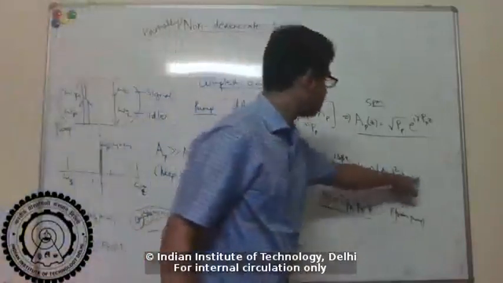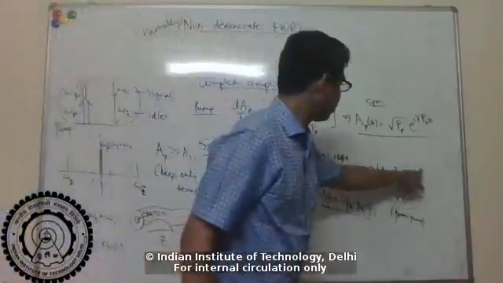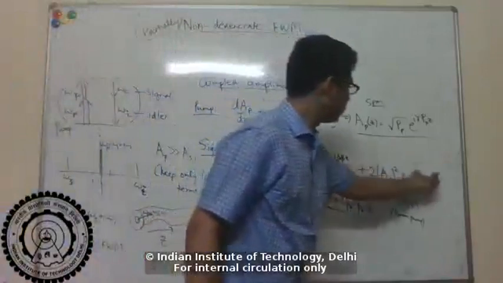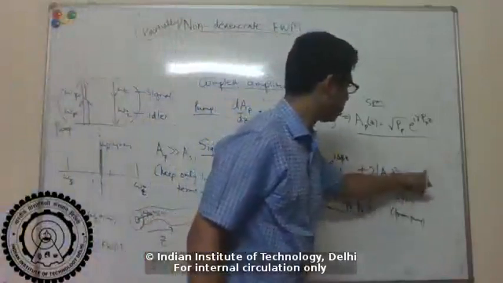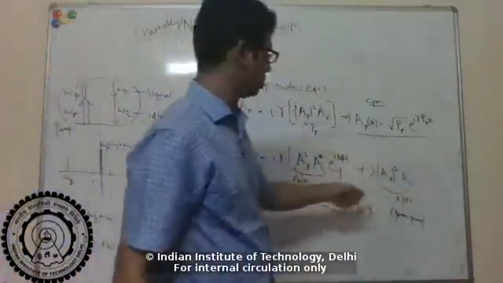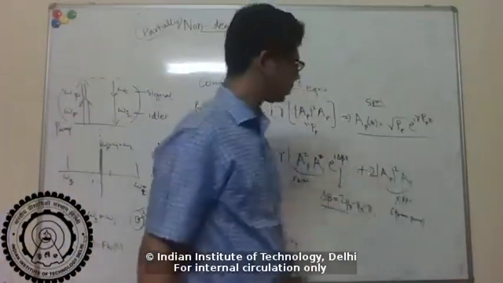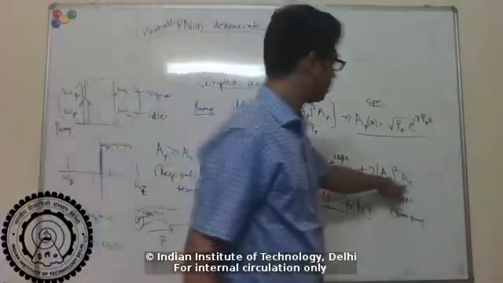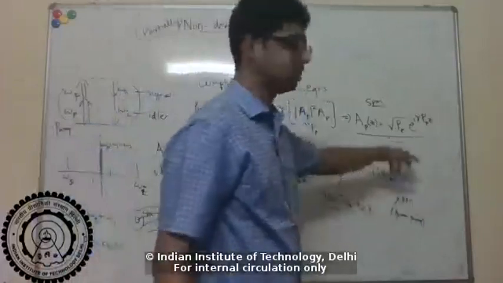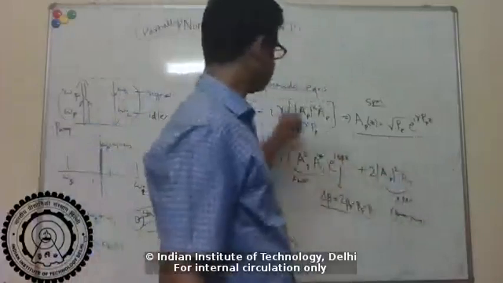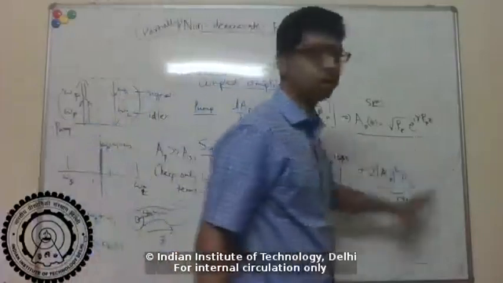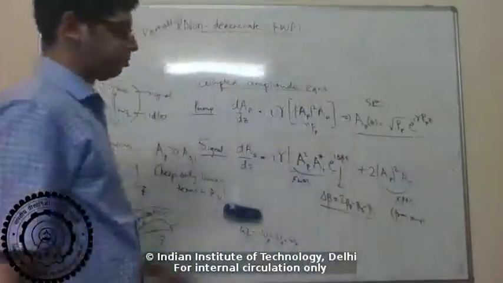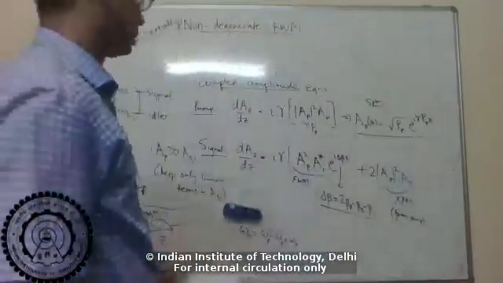And then again, there won't be any phase here because the delta beta corresponding to that will be 0, right? Because you'll have beta p minus beta p plus beta s minus beta s, so that's 0. So again, the cross-phase modulation won't have any phase mismatch.